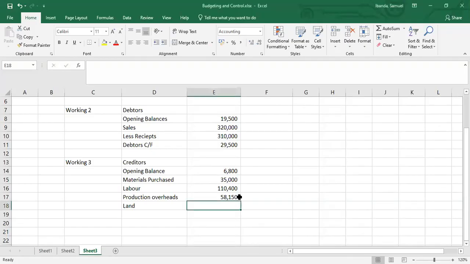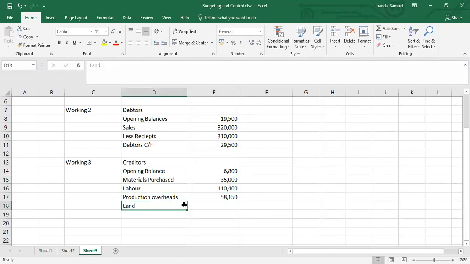Sorry, internet had pushed me out, but I was trying to calculate my creditors balance, and I'd looked at the opening balance. I'd tried to add the respective labor and also the production overheads.